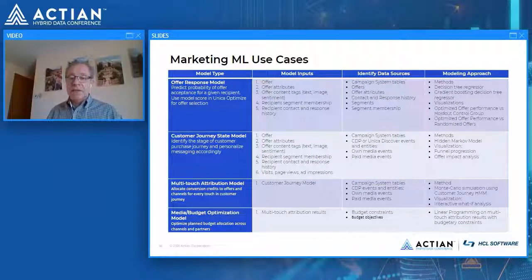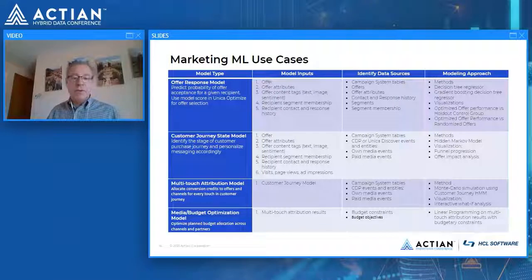Then, if we could take a step back, customers not only see offers and respond to offers, they do things on their own, and it would be great to understand the journey in which the customer lives or navigates, understand which state of the journey the customer is in, and adjust messaging accordingly. And then analyze, what was the impact of our messages?